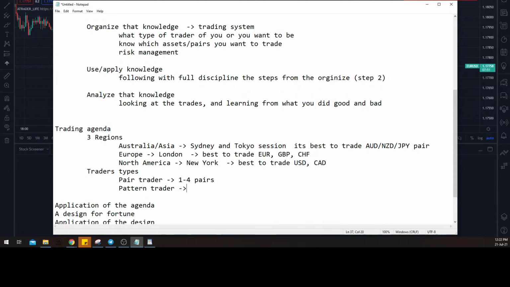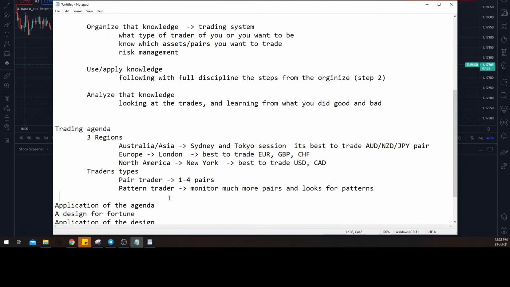The pattern trader, just like the title says, doesn't have just 1 or 2 pairs, but in general looks through all the pairs. It monitors much more pairs and looks for patterns. I'm going to explain the patterns later on.